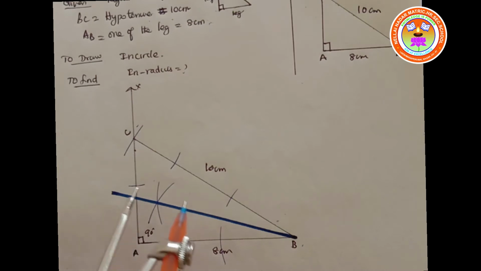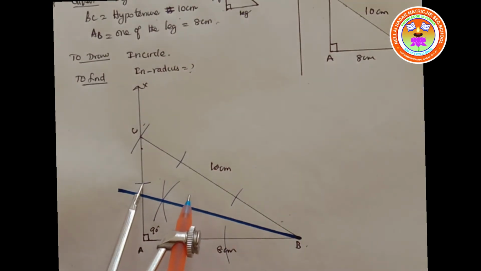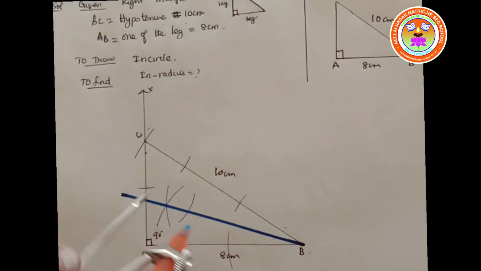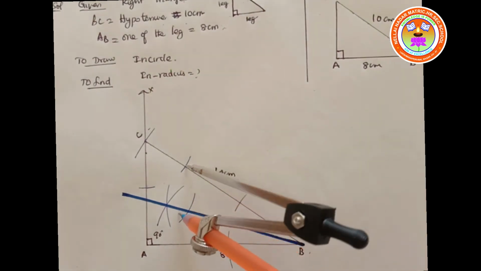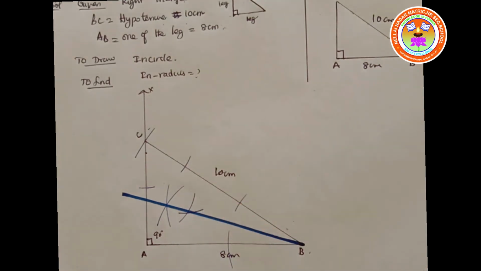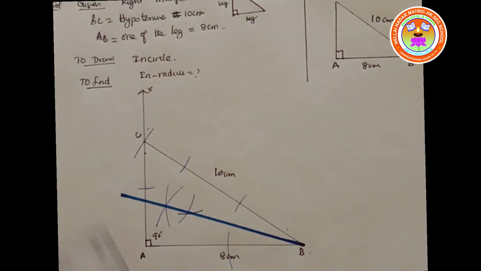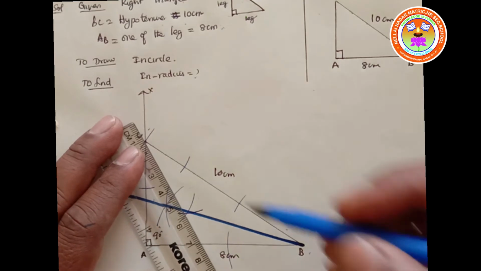It's the same radius. From here, it should cut the previous arc. Now extend the line. It is the angle bisector.